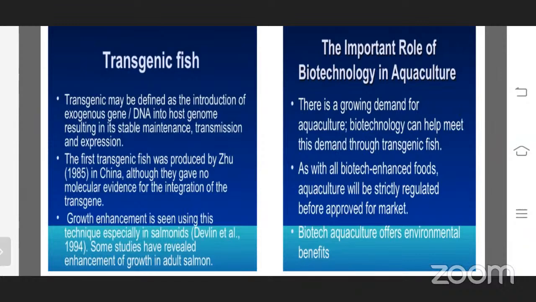Transgenic fish research is generally found at CCMB, the Centre for Cellular and Molecular Biology, Hyderabad, and is mostly run at NBFGR, Lucknow, the National Bureau of Fish Genetic Resources.